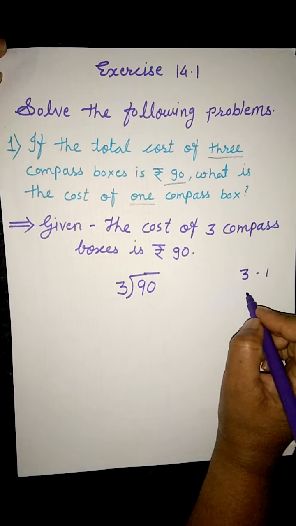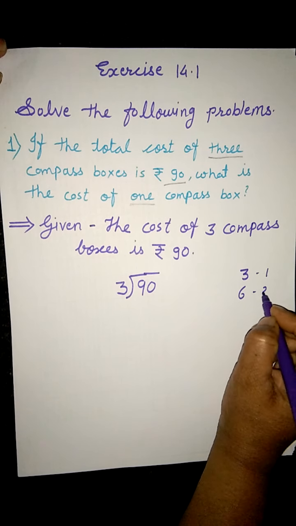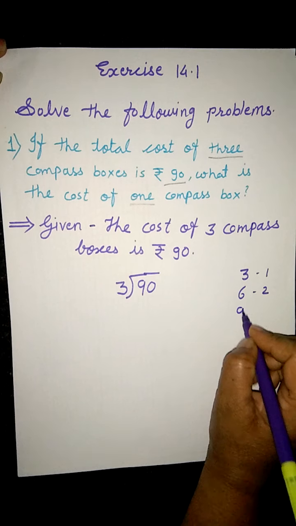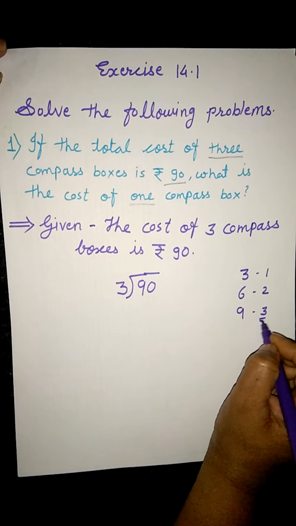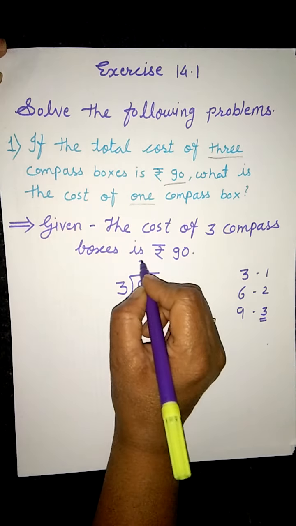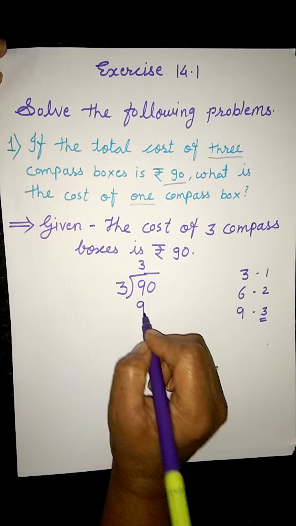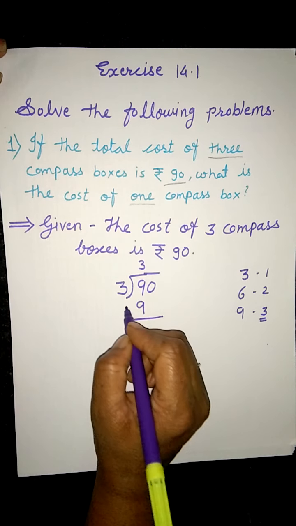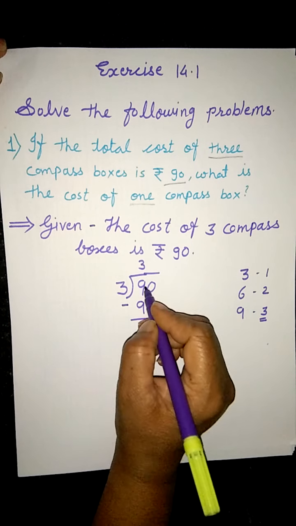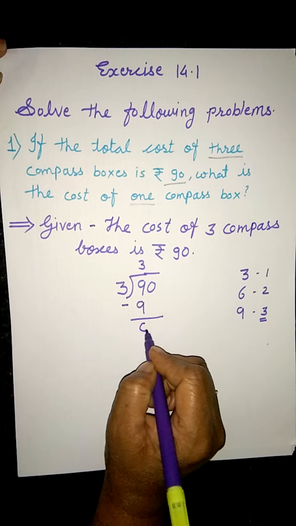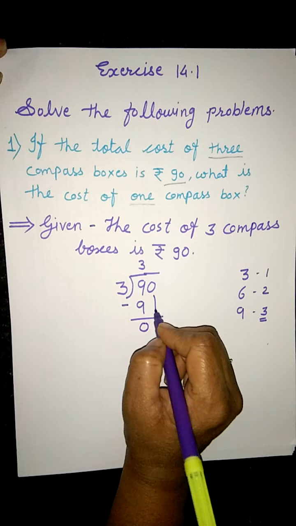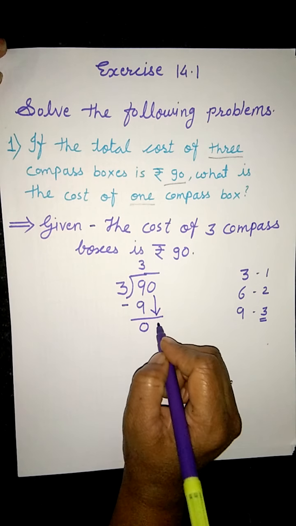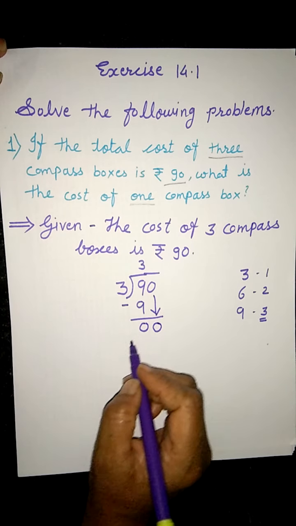3 ones are 3, 3 twos are 6, and 3 threes are 9. So 3 threes are 9. Now put here minus sign. 9 minus 9, 0. Bring this 0 down and write here.